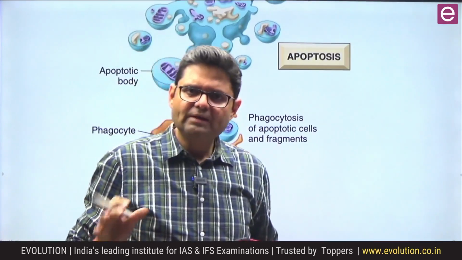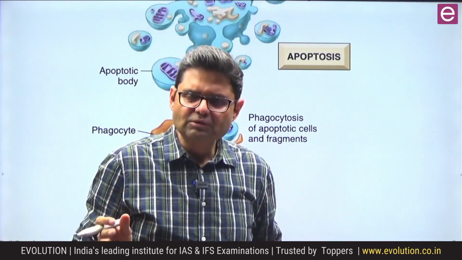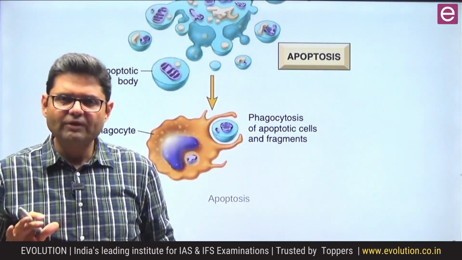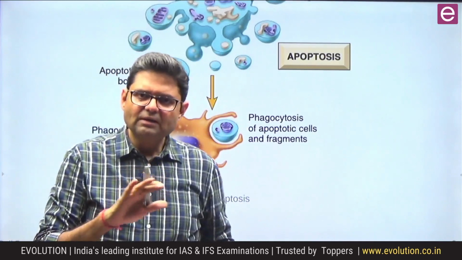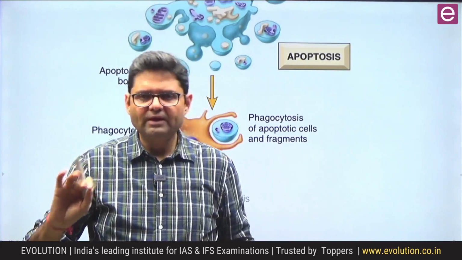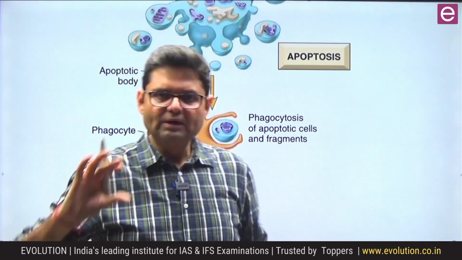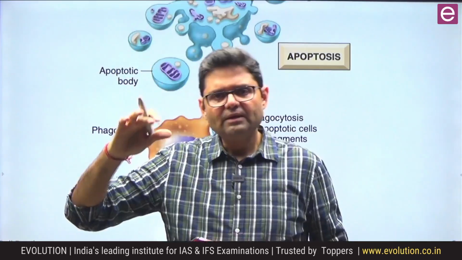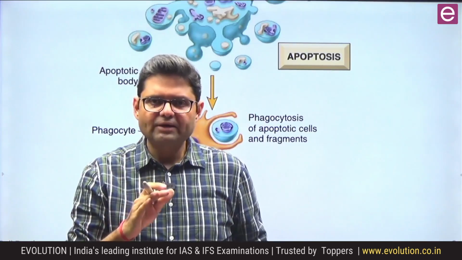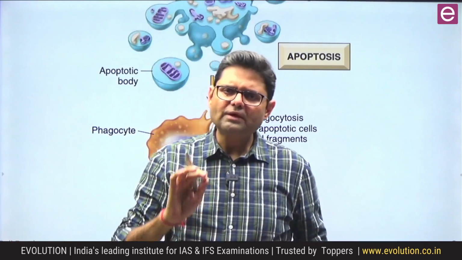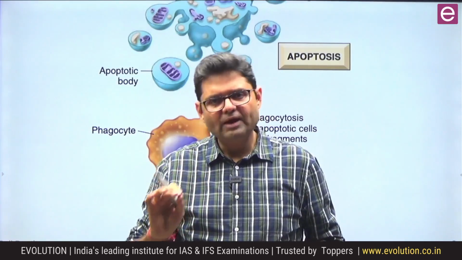Macrophages are residents of most tissues, so they will identify the fragments and eat them away, and thus a cell disappears without leaving any trace. So you have understood what apoptosis is, what the larger term PCD is, and how apoptosis and necrosis differ in their scope. You have also learned the 4 characteristic features of apoptosis.